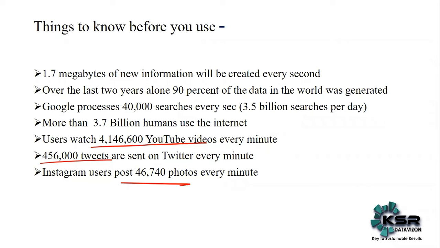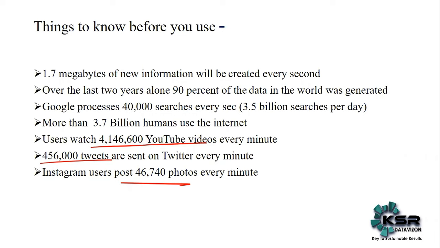Just close your eyes. Just say 1, 2, 3, 4, 5, and there would have been around 2 lakh searches in Google. Something you don't know, you go and search in Google. Let's say I use a word called pathetic.